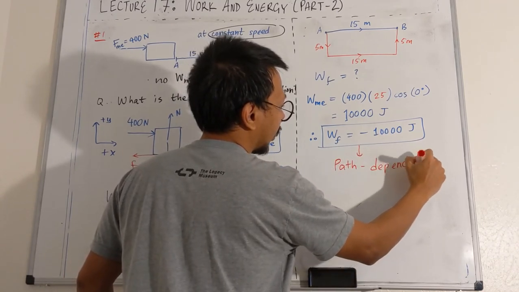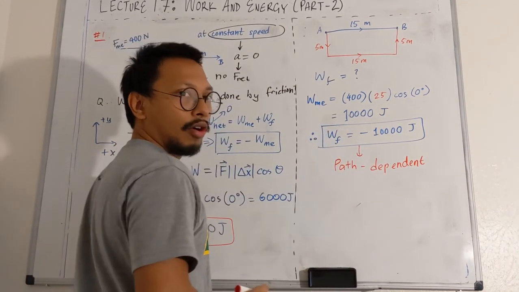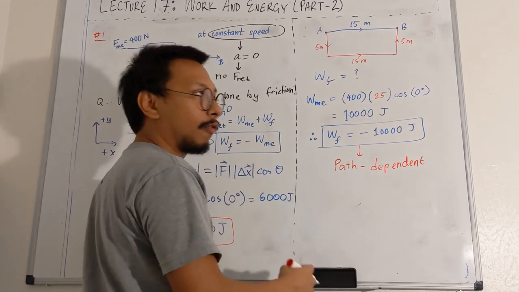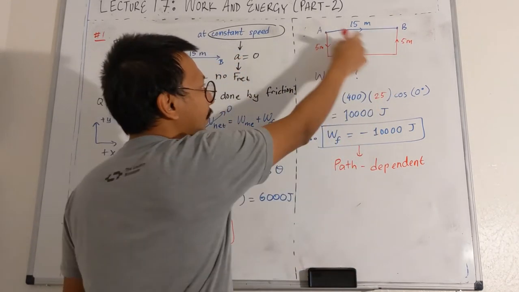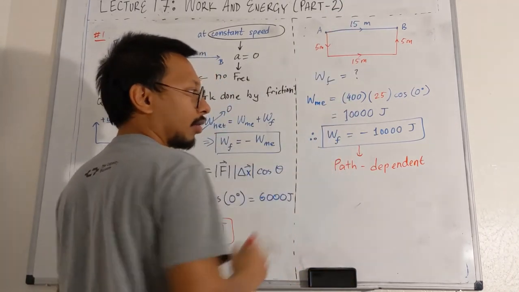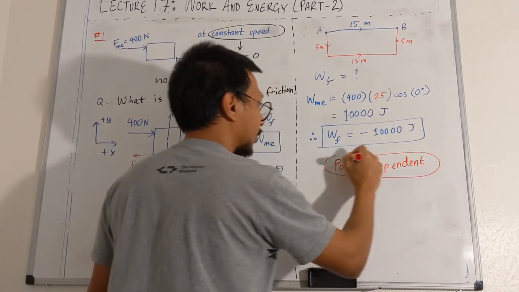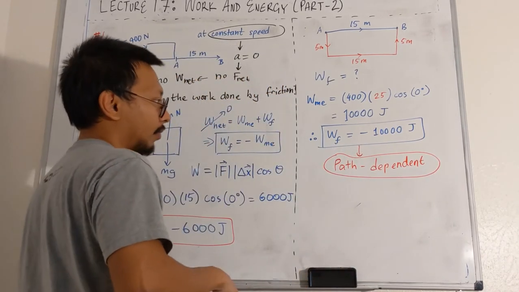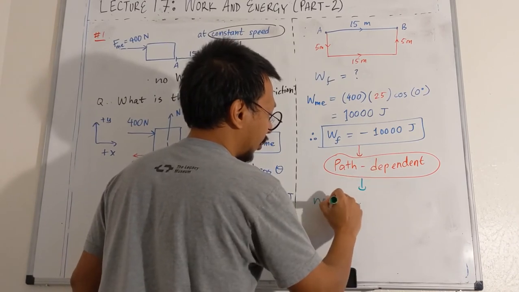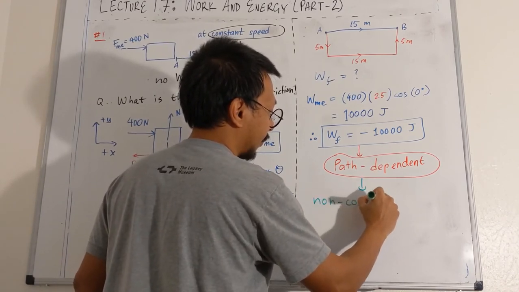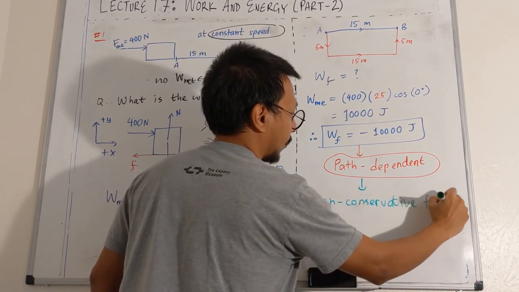This means that the work done by friction is dependent on the path you choose to go from a starting point A to a finishing point B. So any different path you take, the work will be different. These kinds of path dependent forces are given the special name of being non-conservative forces.